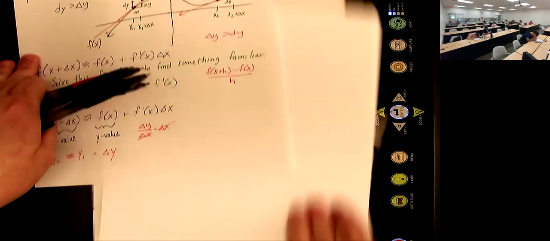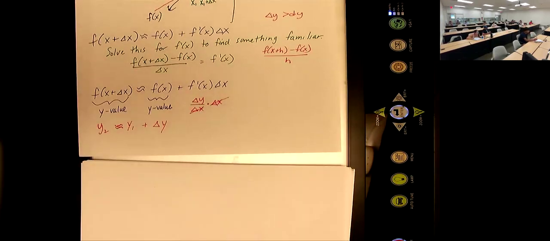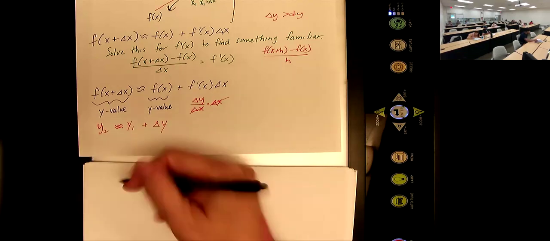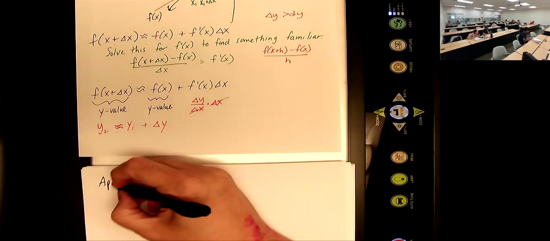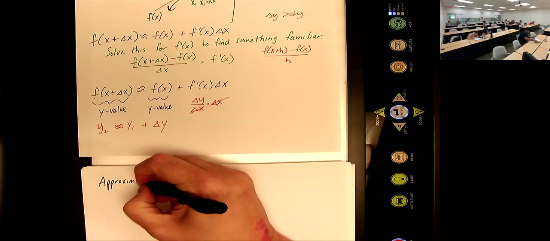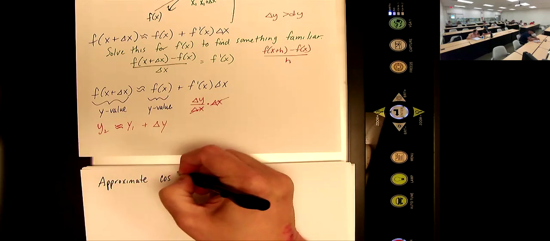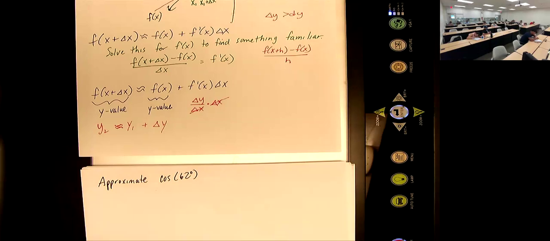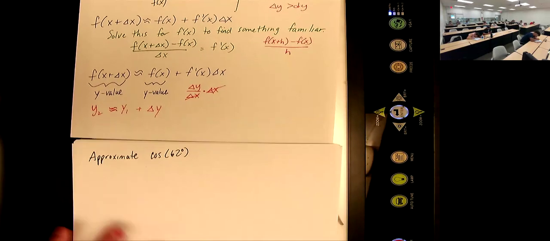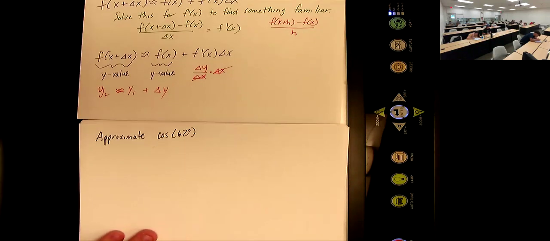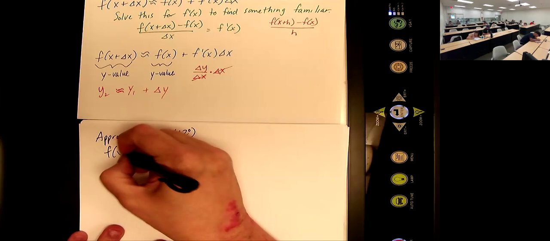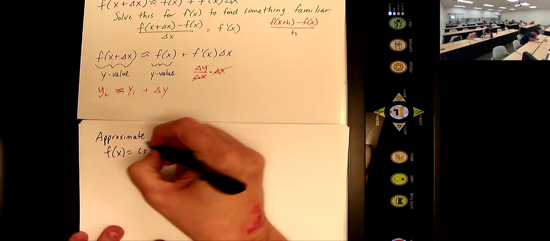Let's take a look at an example before we hop to a break. We're gonna approximate cosine of 62 degrees. So let's say f of x is cosine x.